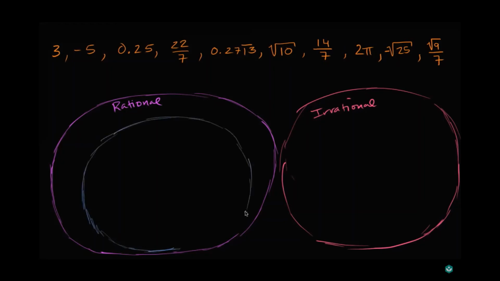So these are integers right over here. And then a subset of integers are whole numbers. If you say the non-negative integers, you're then talking about whole numbers. Let me do that subset right over here. These are going to be the whole numbers.